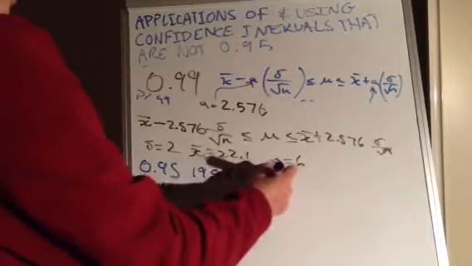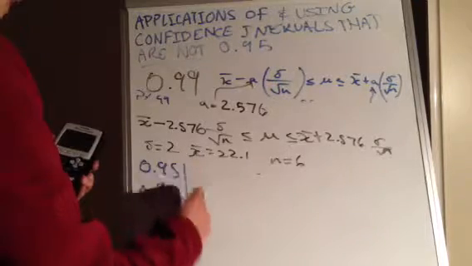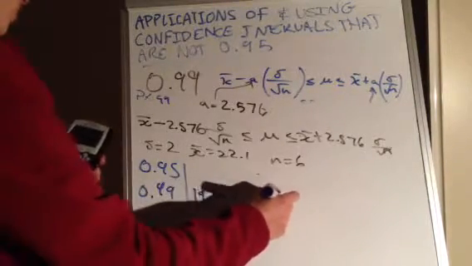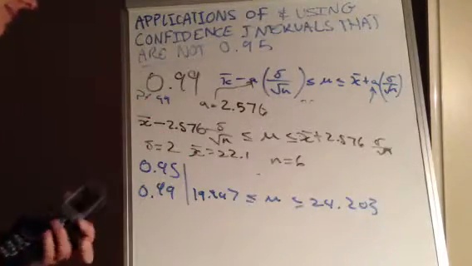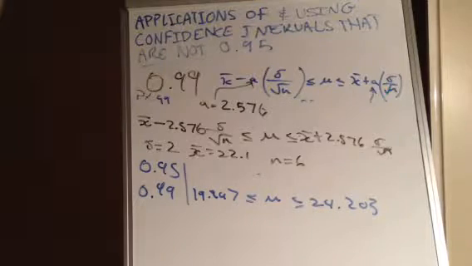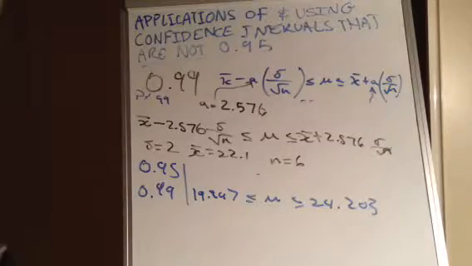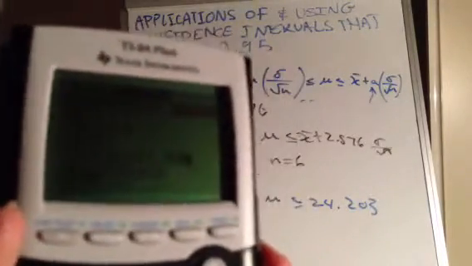So at the 0.99 confidence interval, we can round this to be 19.997 less than or equal to, oops, sorry, wrong one. Looking at the 99% confidence interval, 19.997 less than or equal to mu less than or equal to 24.203. With the 0.95 confidence interval, again we go into our tests under the stat menu, and we change that confidence interval back to 0.95 as it had before.